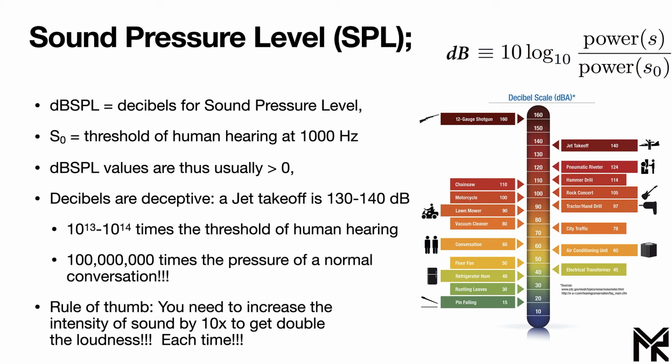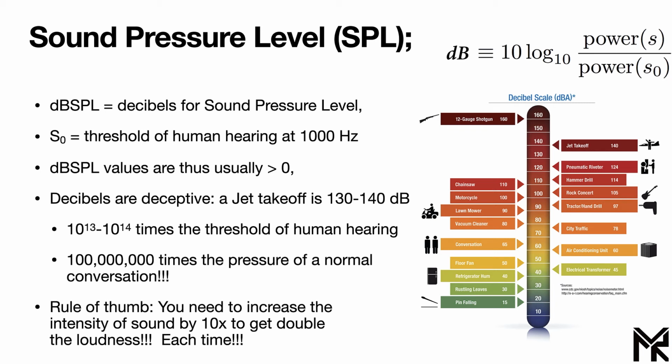Now, one important rule of thumb, and this generally goes for any sort of dB decibel measurement when it comes to sound: to get double the loudness, you basically need to increase the intensity of sound by 10x. You basically need to add 10 dB to whatever your sound is to get double the loudness.